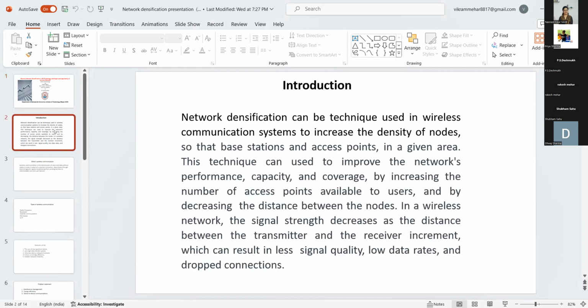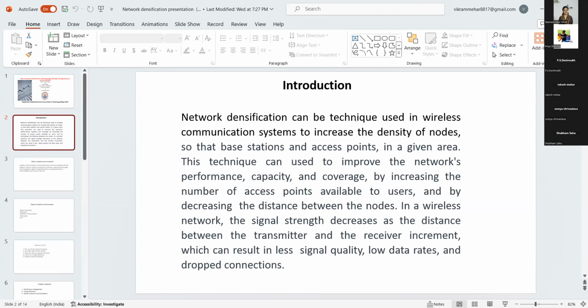So, the introduction. Network densification is a technique used in wireless communication systems to increase the density of nodes. The main point of densification is to increase the density of nodes, that is, base stations and access points in a given area.